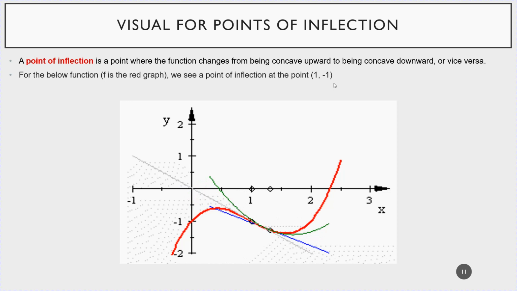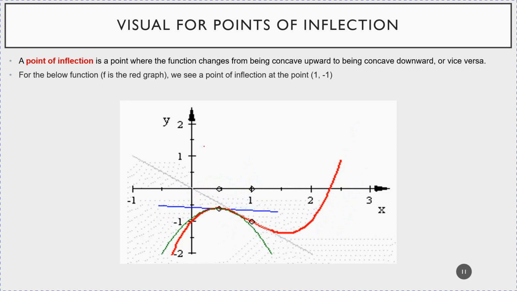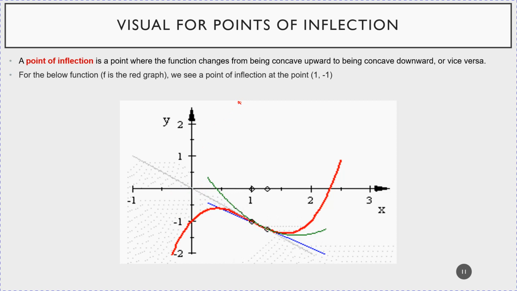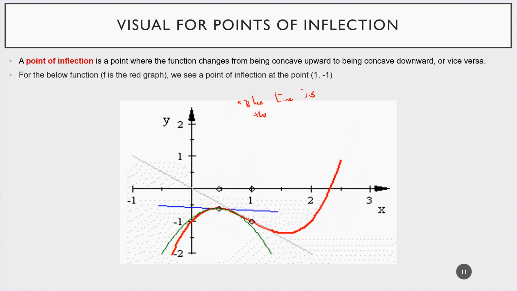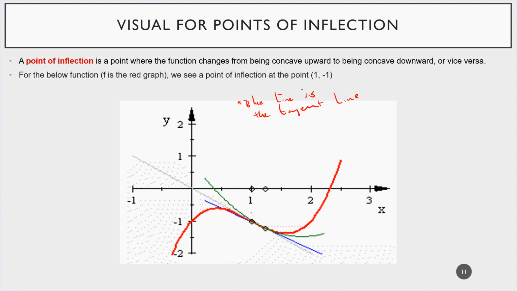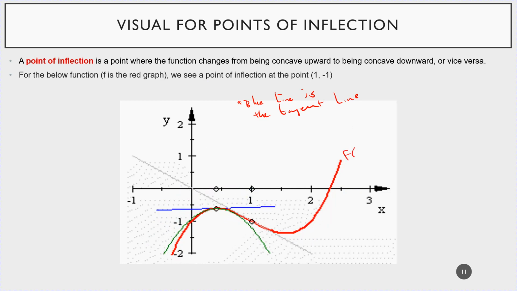We're talking about a point of inflection being a point where the function changes from being concave upward to concave downward. This visual is going to show this. The blue line here is the tangent line. For the function below, the red graph, this is the function f of x.